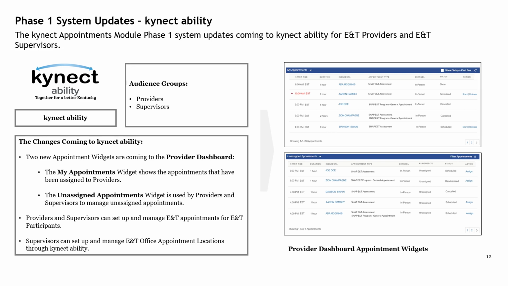Updates to Connectability include two new appointment widgets on the ENT provider dashboard: the My Appointments widget, which shows appointments assigned to providers, and the Unassigned Appointments widget, used by providers and supervisors to manage and show unassigned appointments. Also, providers and supervisors may set up and manage ENT appointments for ENT participants through the provider dashboard. And finally, supervisors have the ability to set up and manage ENT office appointment locations.